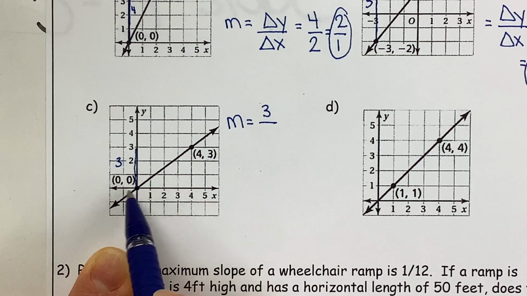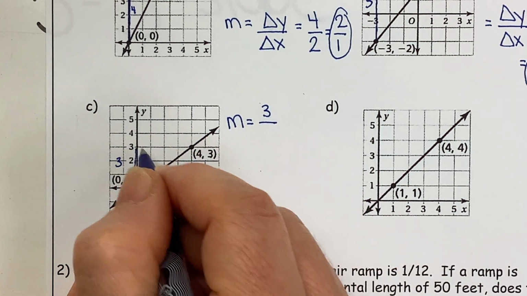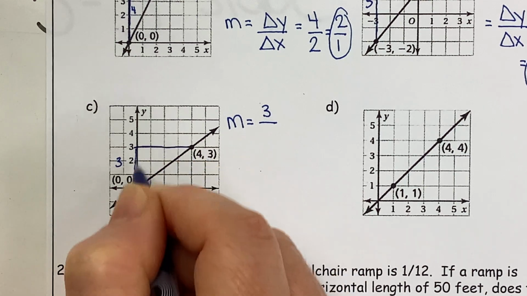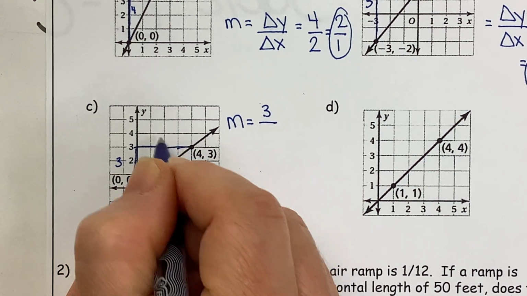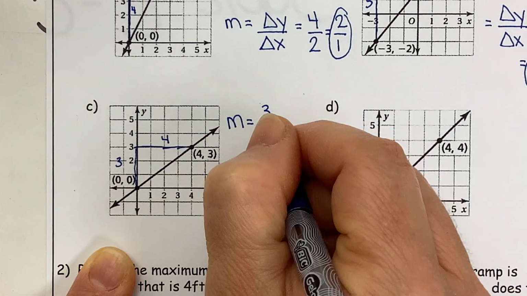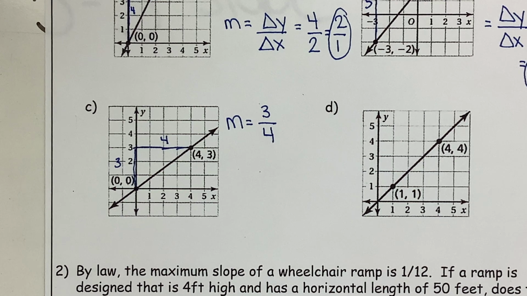You can see that. So it went up 1, 2, 3. Now we are going to run. So we're going to go 1, 2, 3, and 4. So we ran 4. So our slope is 3/4. We have a change in our y of 3 and a change in our x of 4.